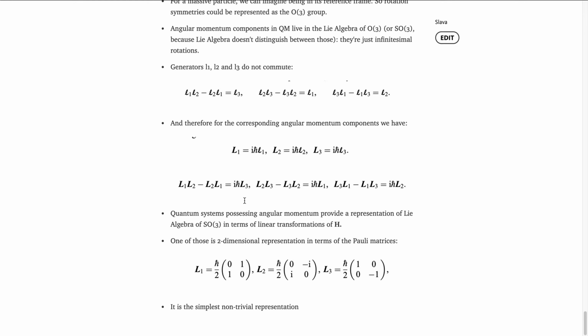Yeah, so quantum systems possessing angular momentum provide a representation of the algebra of SO3 in terms of linear transformations of our space of wave functions H here.